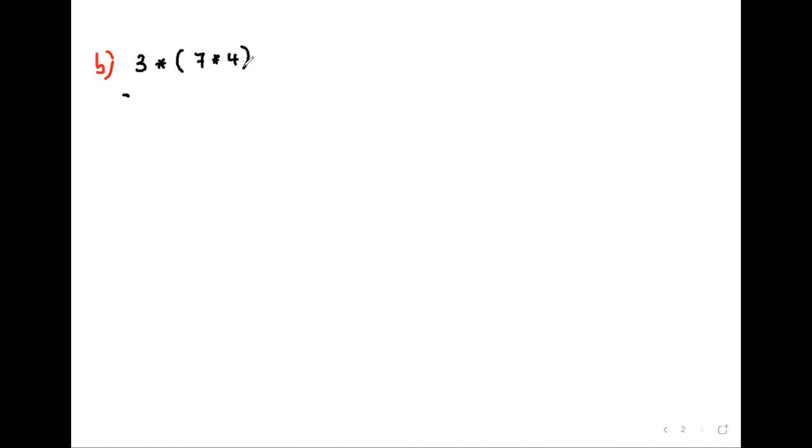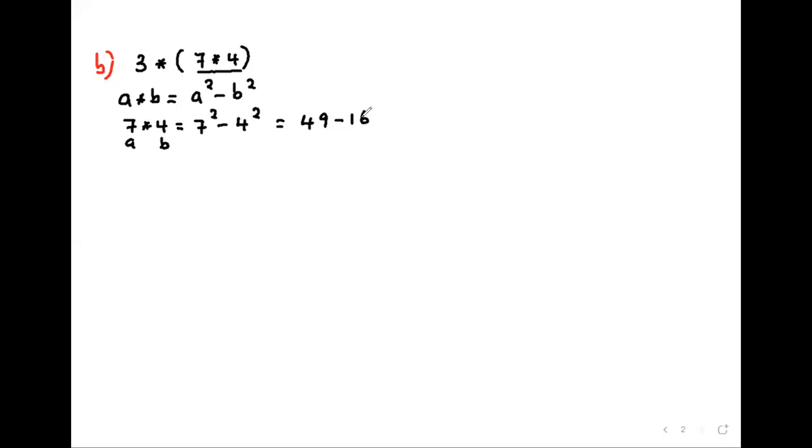Now what we have is that A star B has been simplified to be A squared minus B squared. That's what we determined. So you start by picking what is in the brackets, 7 star 4. This is our A, this is our B. So we'll have 7 squared minus 4 squared. That is 49 minus 16.